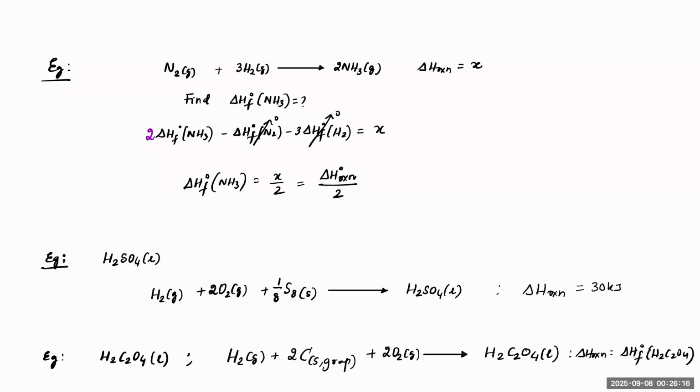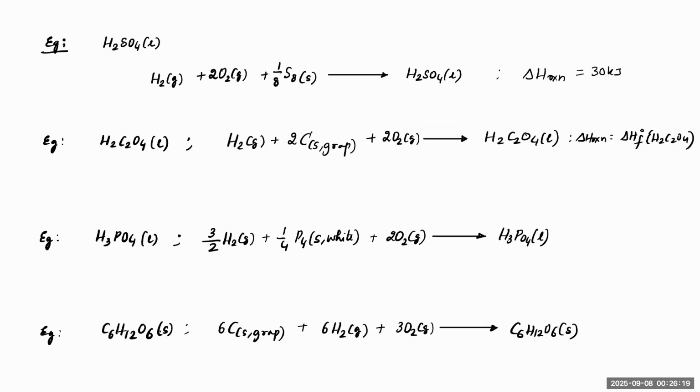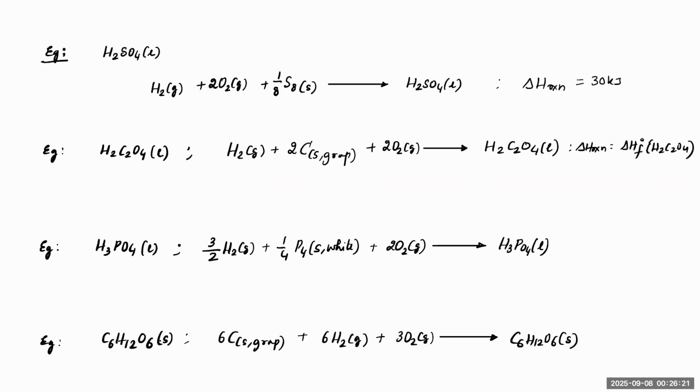Now, suppose I have to write the elemental form reactions for various compounds or substances. How do I write that? For example, I want to write H2SO4 in liquid state. What should be the chemical reaction for the formation of H2SO4? Hydrogen must come from H2 gas, oxygen must come from O2 gas, sulfur must come from rhombic sulfur, S8, in solid state.